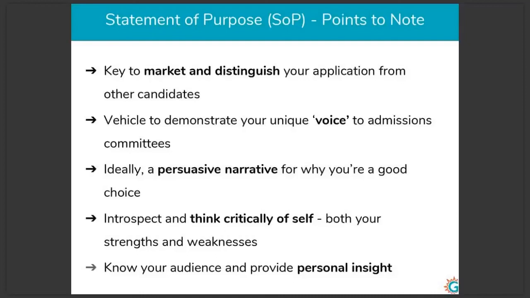So when you're critical of yourself, we want to see that you are having personal insights. And I say personal insight because I often find students have done 8 projects, 9 projects in their undergraduate studies, and their SOP is nothing but a list and a brief description of all the 9 projects that they've done.